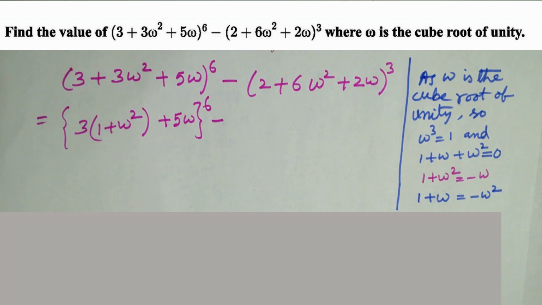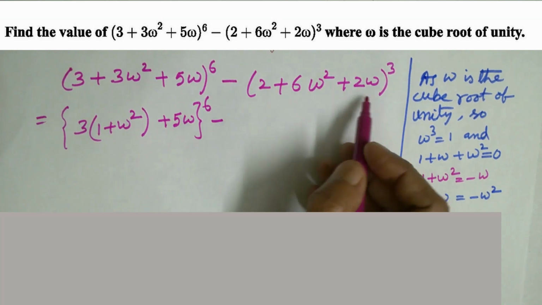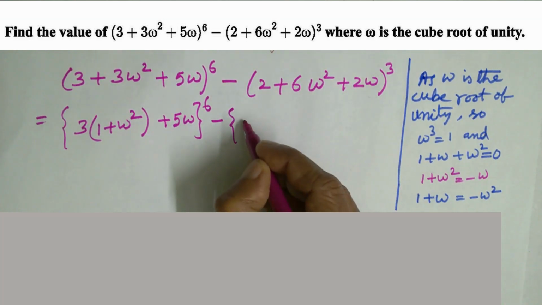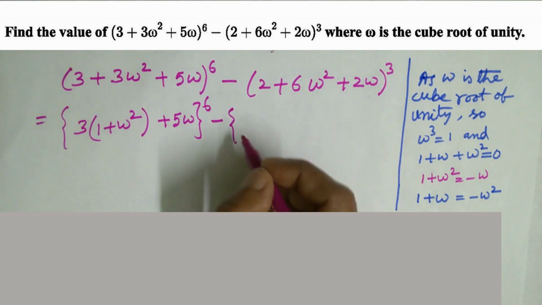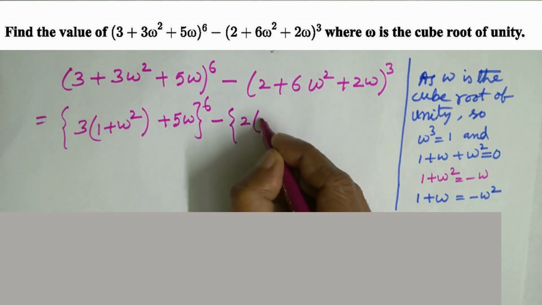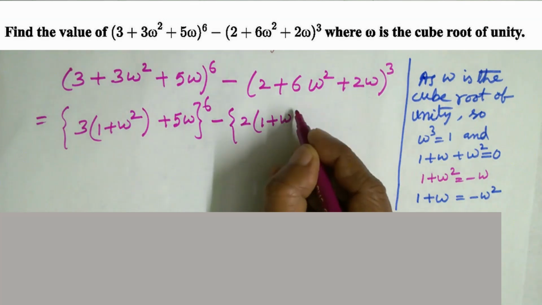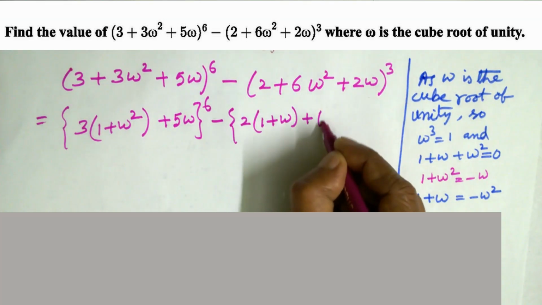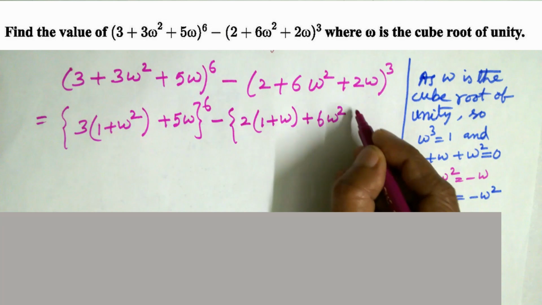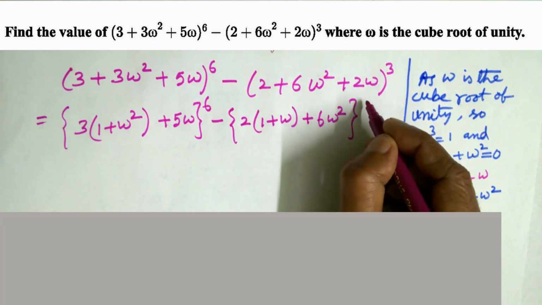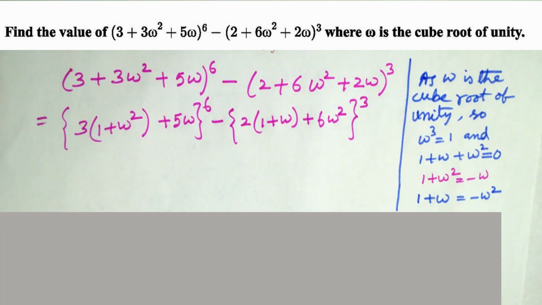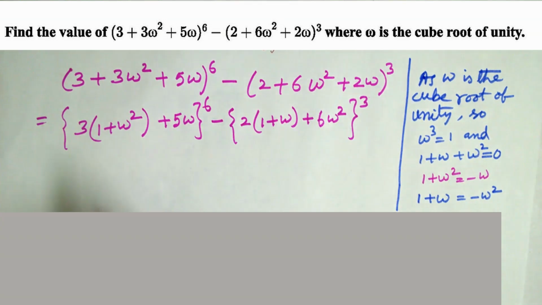So I rearrange this portion. From this term and this term take out common 2: 2(1 + ω) plus 6ω², and that whole cubed.